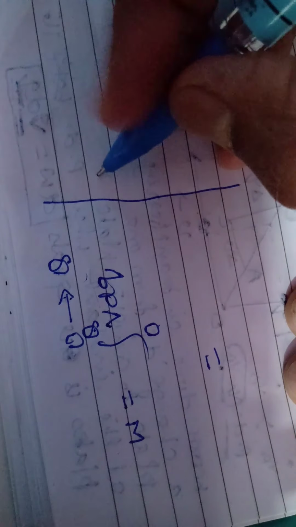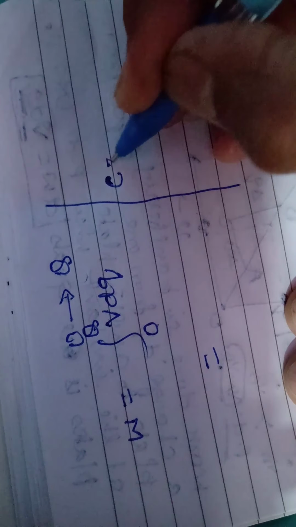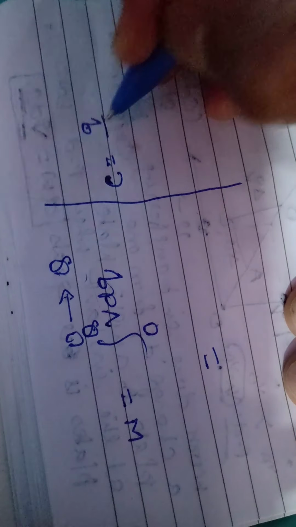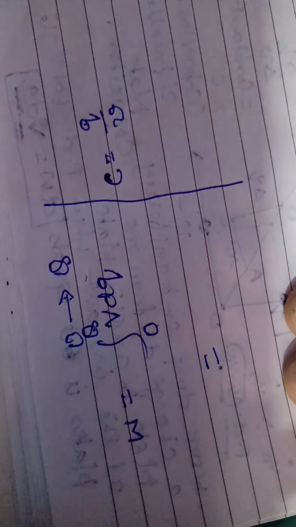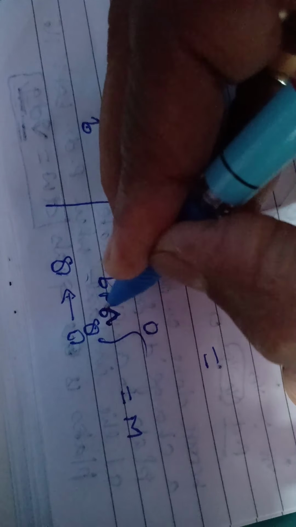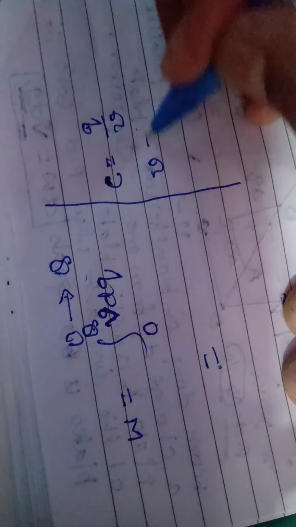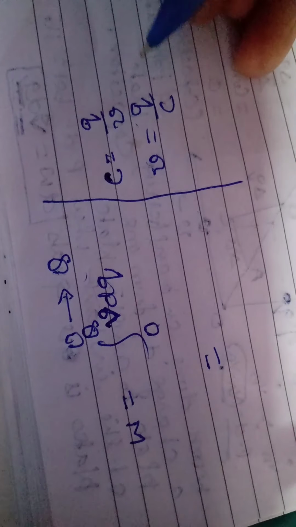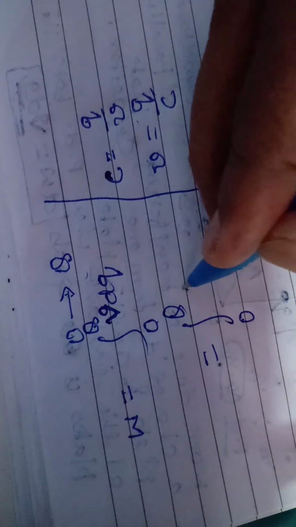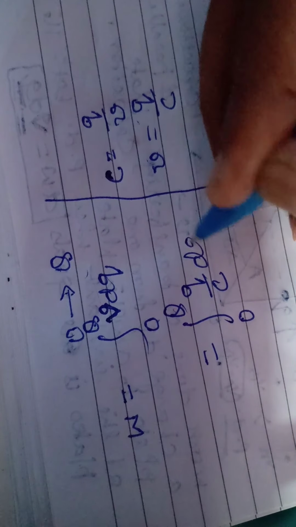Now you see this V. The capacitance of the capacitor will be equal to Q upon V. So for this V, we can write Q upon C. Substituting this value here, we get the integral of Q by C dq.